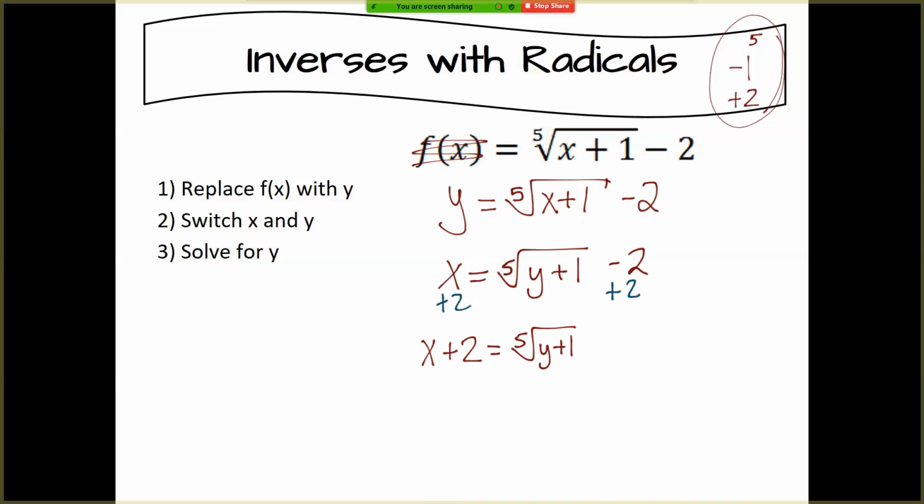Now that I have the fifth root isolated, I'm going to take both sides to the fifth power. Notice when I take the left side to the fifth power, I'm putting it into parentheses. For the right side, I have the fifth root and the fifth power that are going to cancel each other out, leaving me with y plus 1.